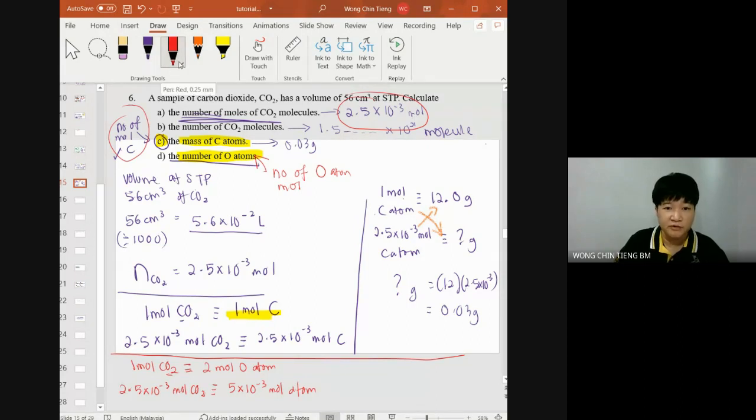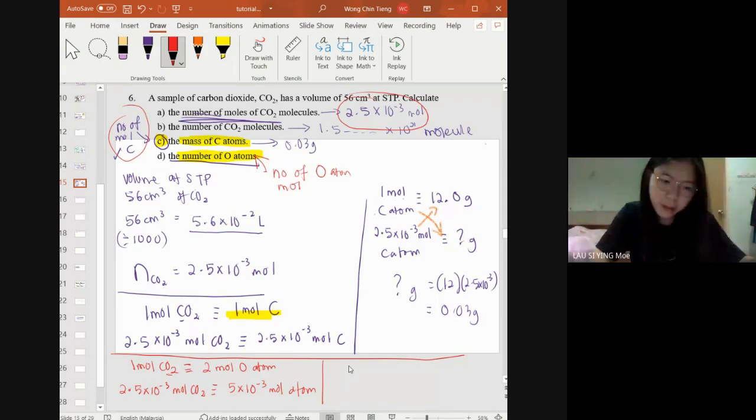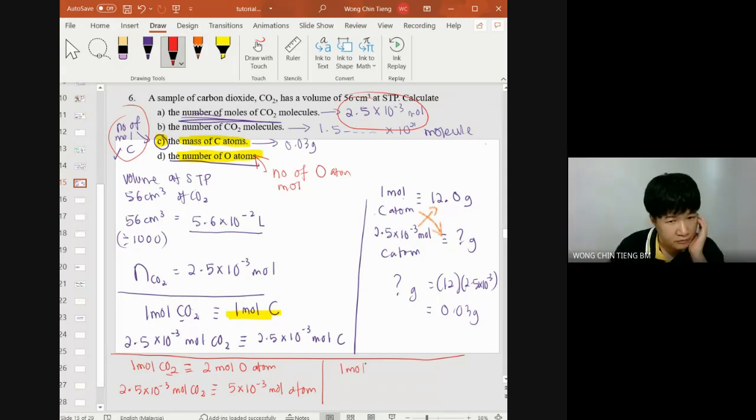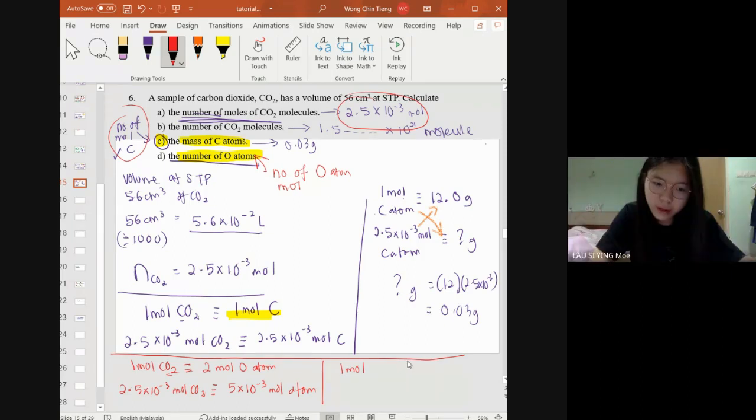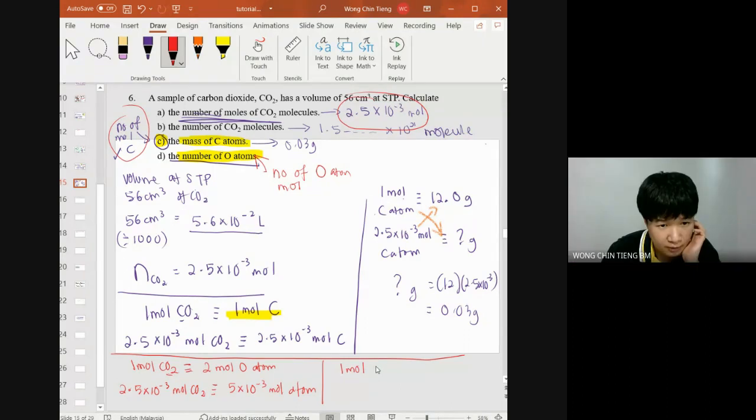We are comparing it to number of mole of atom.